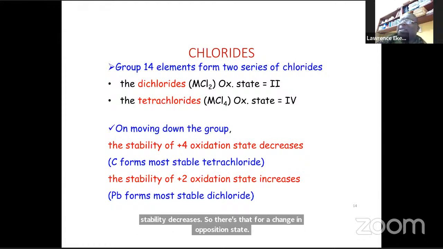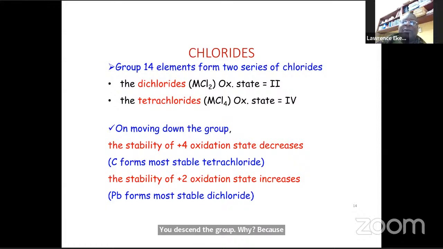Carbon forms the most stable tetrachloride compared to silicon, germanium, tin, and lead.